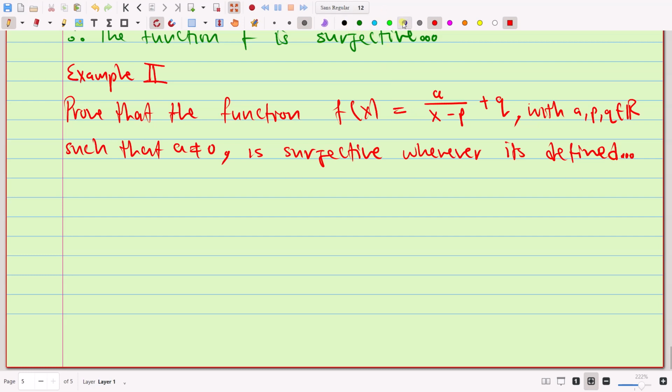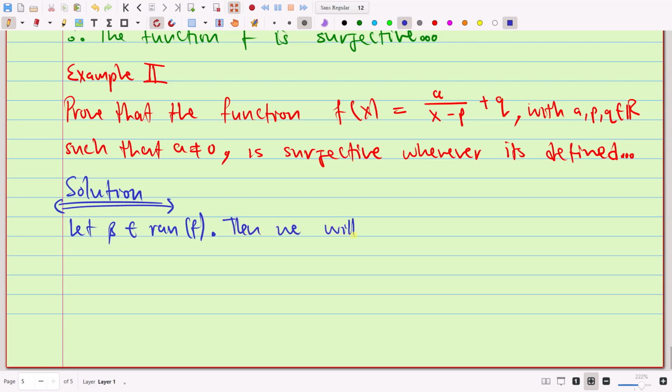So now how can we prove that such a function is surjective? Now we know the whole trick behind it. So what is the proof? At first we say let beta be an element of the range of the function f. Whatever the range is, beta will come from there.